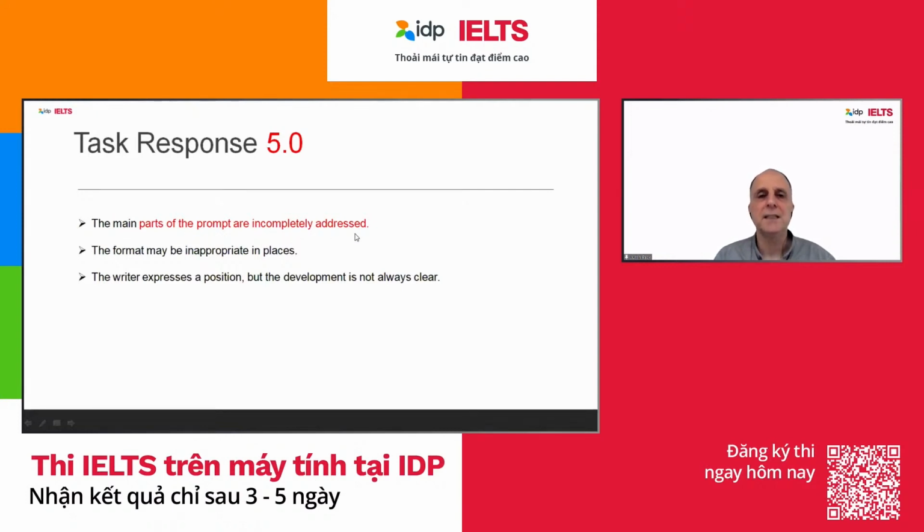What this basically means is if you see some keywords in the task and you completely write, you see like health, and then you talk about the pros and cons of staying healthy, but then it's, for example, talking about how gyms can improve health, then you've completely not addressed the task. Okay, the format may be inappropriate in places, and the writer expresses a position, but it's not always clear.